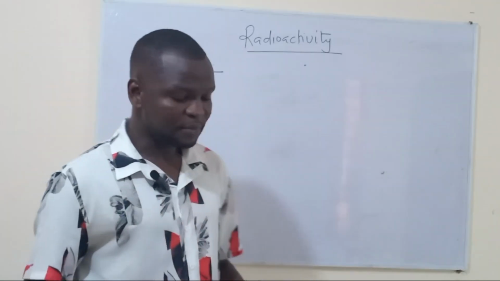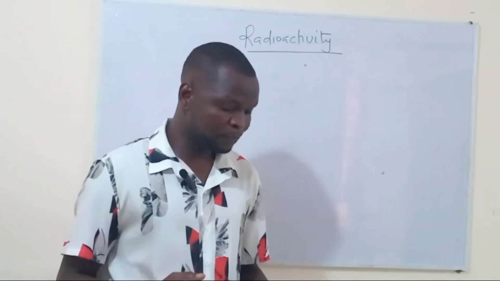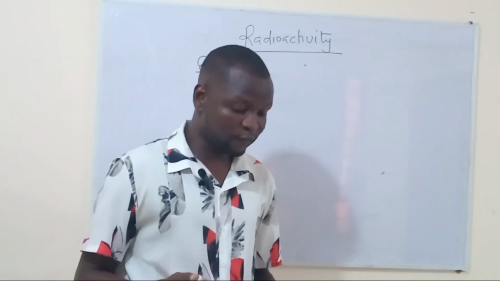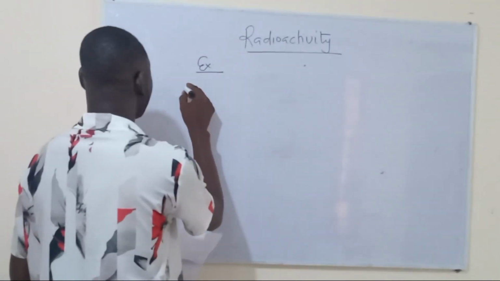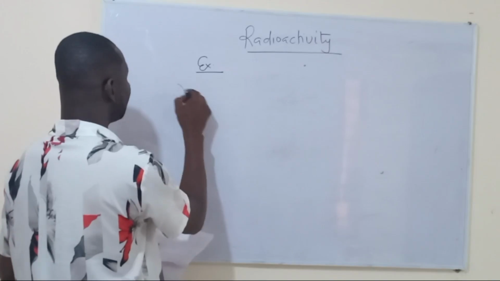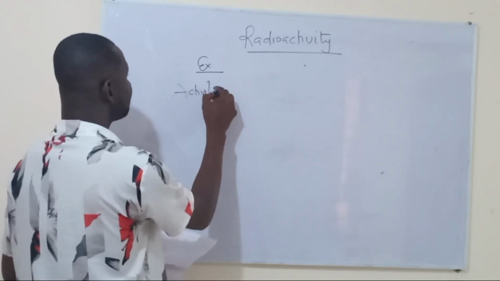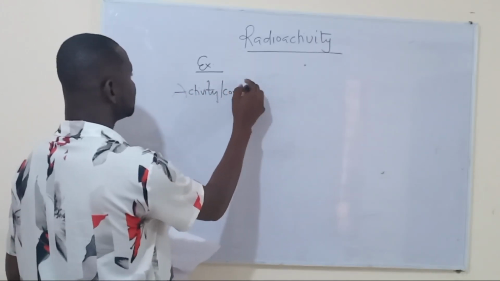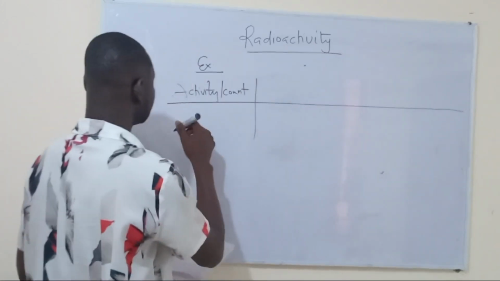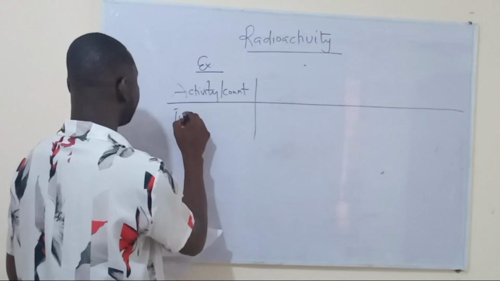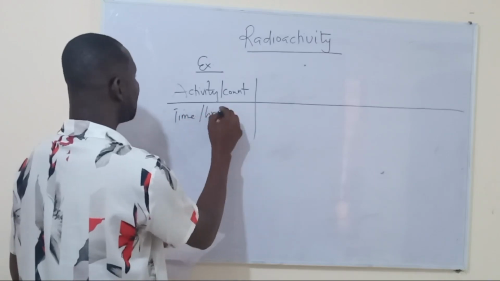The decay rate measured by a Geiger counter for radioactive sodium-24 at different times are as follows. I have activity or count, which is a unit, then we have time in hours.